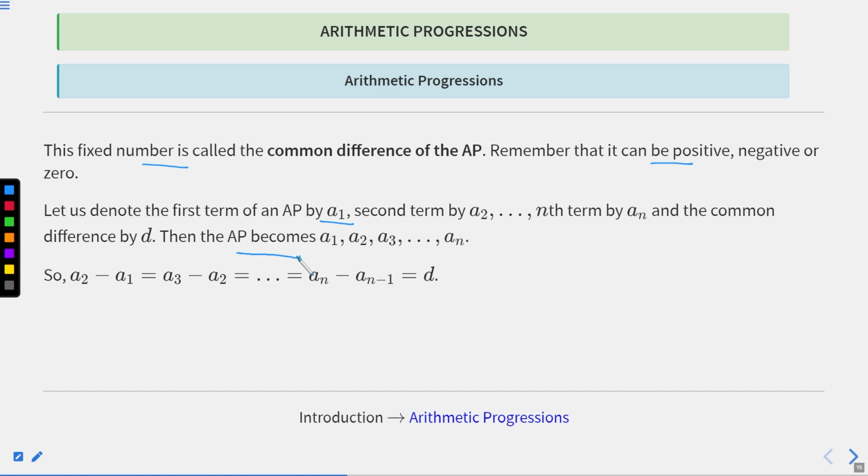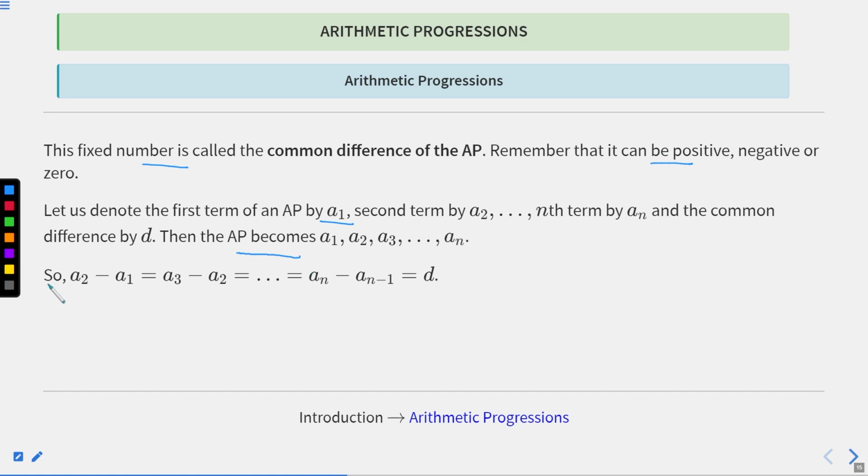So A1 is the first term, A2 is the second term, A3 is the third term, and AN is the nth term of the arithmetic progression. And the common difference is denoted by D.